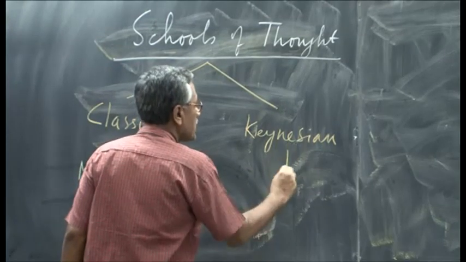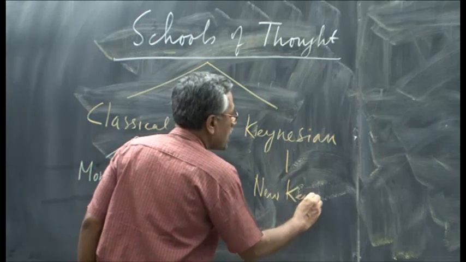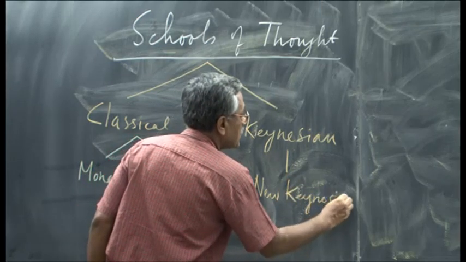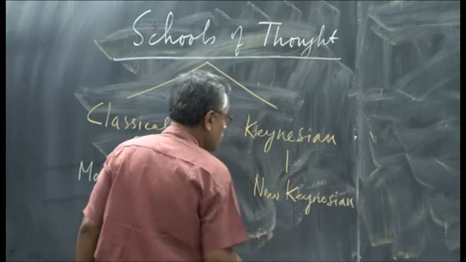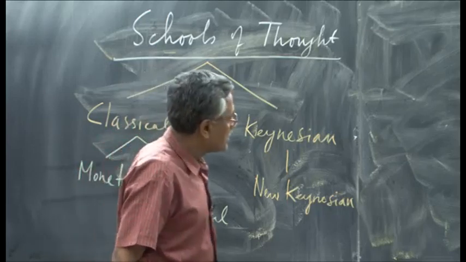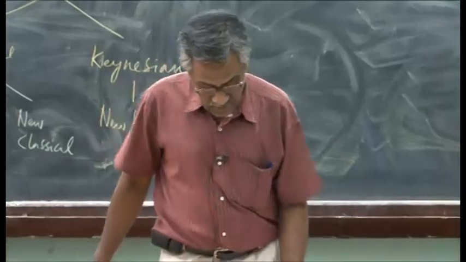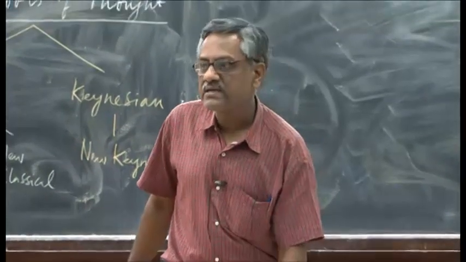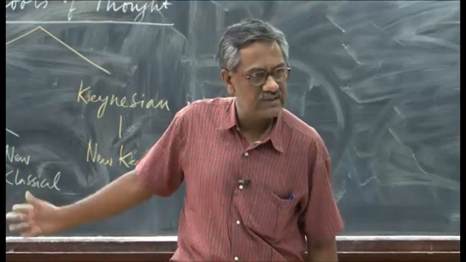So new Keynesian macroeconomists, monetarists, and the new classical macroeconomics, I need not go into all this at this stage. If I get time, I will go through the rational expectation models of the new classical macroeconomics.